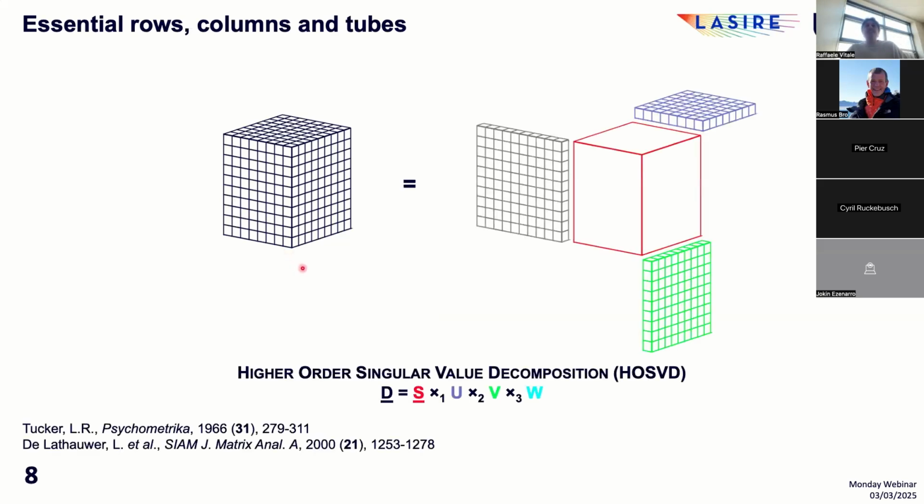In the 60s, indeed, he proposed a method called higher order singular value decomposition, or HOSVD, that can actually be regarded as a sort of multi-way or n-way extension of principal component analysis.